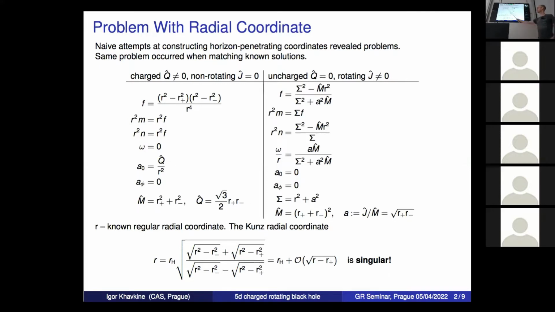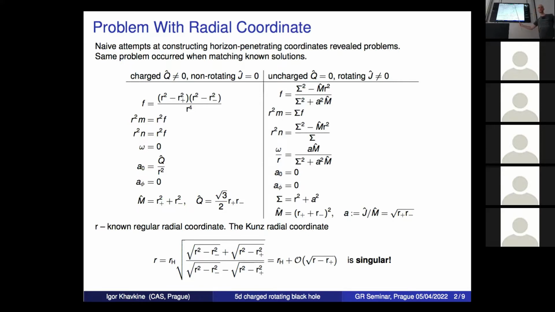We were able to do this, but along the way we discovered that in these solutions you have the usual regular radial coordinate, which I denote by upright r.